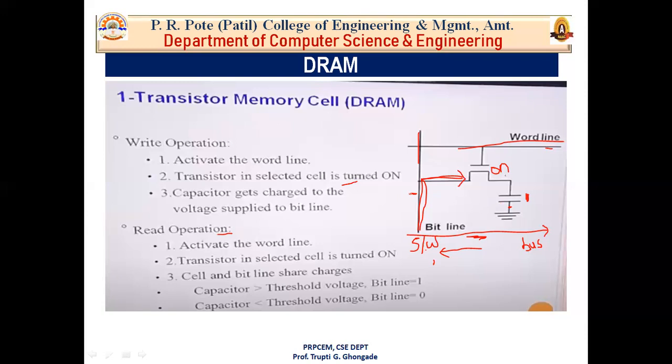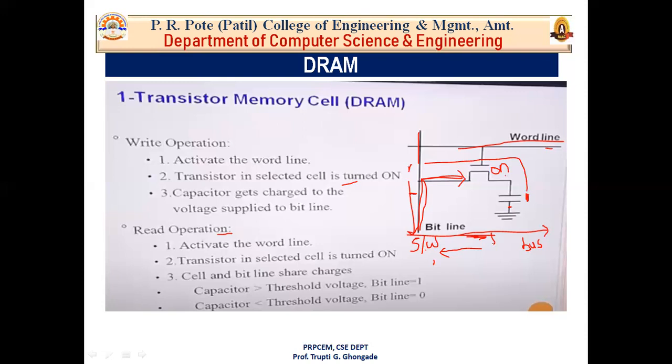Whatever is there in the capacitor is passed to the particular bit line. Now there is 1 in your capacitor, so it is given to the bit line as 1. From the bit line it is given to the sensor write circuit, and from the sensor write circuit it is given to the computer bus.